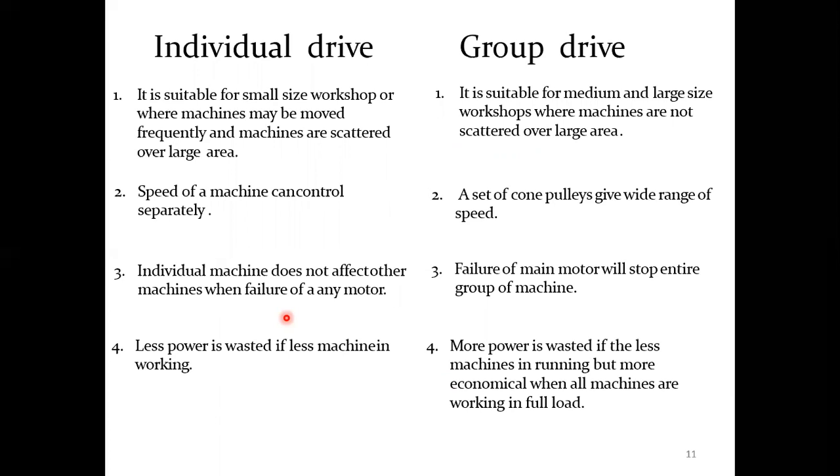Group drive is suitable for medium and large size workshops where machines are not scattered over a large area. In the individual drive, the speed of each machine can be controlled separately. A set of cone pulleys gives a wide range of speed control in the group drive. In the individual drive, failure of any motor does not affect other machines. But in the group drive, failure of the main motor will stop the entire group of machines.